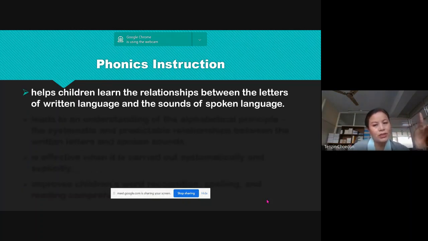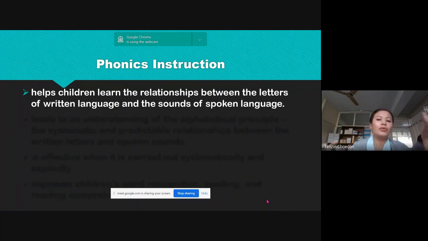What phonics instruction does is help children learn the relationships between the letters of written language and the sounds of spoken language. That is why it is very important for helping children develop reading skill and spelling as well.